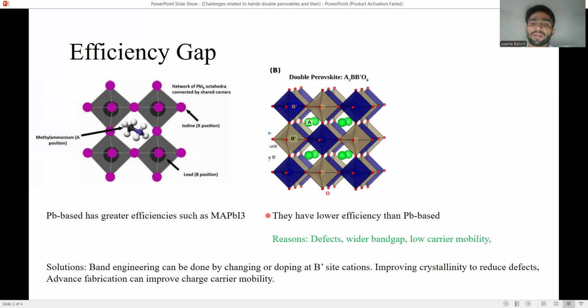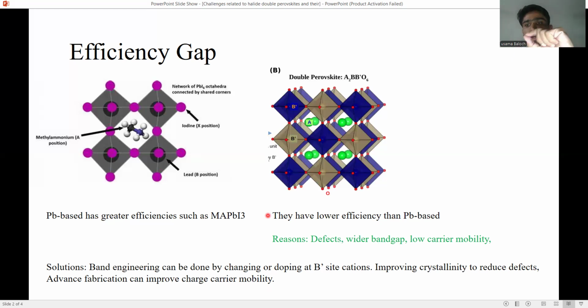In the case of solar cells, you should have an optimal band gap, such that it can absorb the photons coming from the sun.